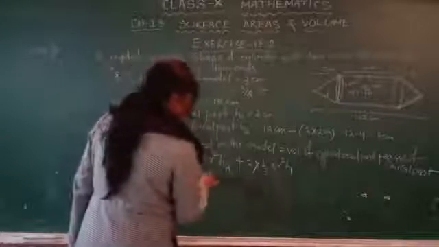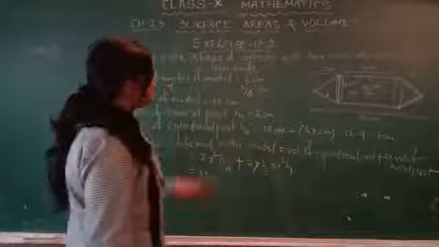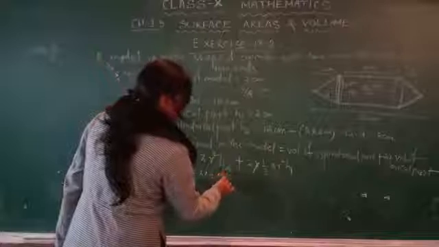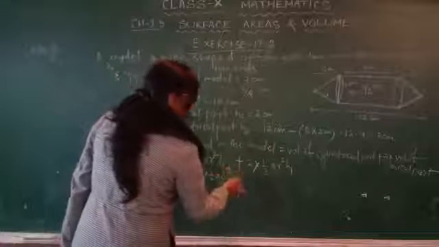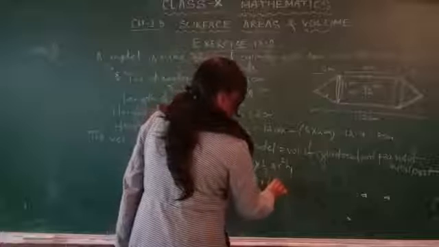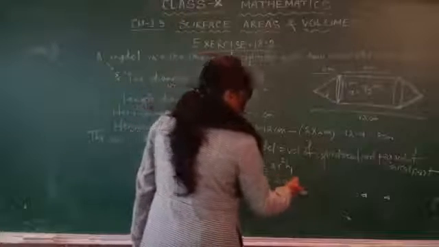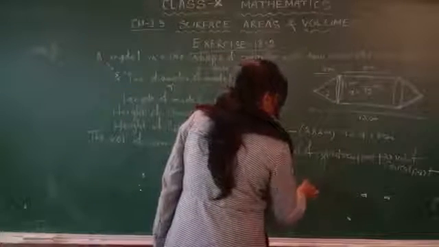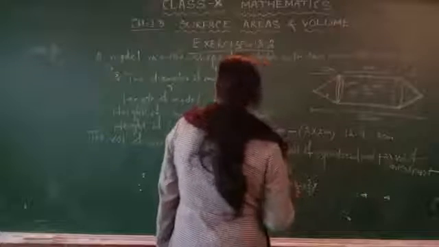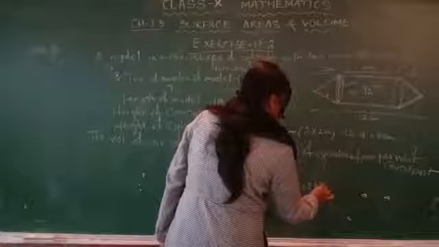So here you write pi into r is 3 upon 2 into 3 upon 2 into h2 is 8, plus 2 into 1 upon 3 into pi into r is 3 upon 2 into 3 upon 2 into h1 is equal to 2.